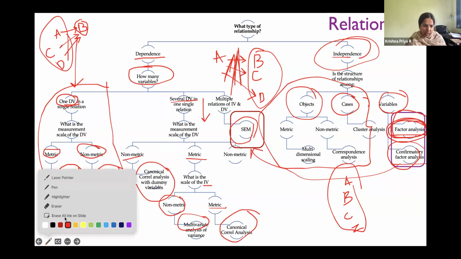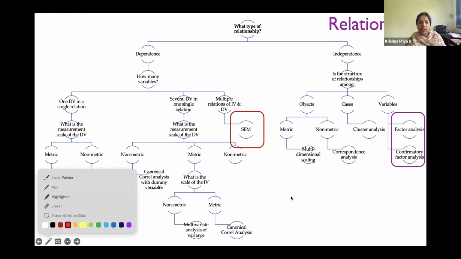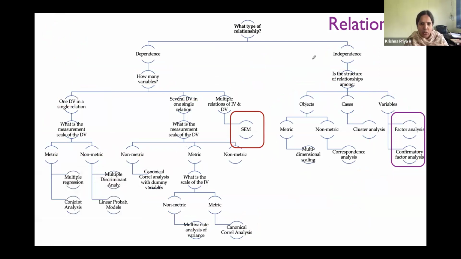So what are we going to see today, structural equation modeling? No, we are going to see factor analysis and we are going to see multiple regression. These two things that I have circled are most relevant to your area of study, and hence maybe because of that we are going to speak much about them. So any questions here?